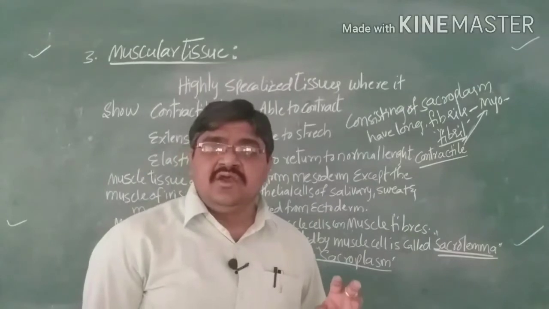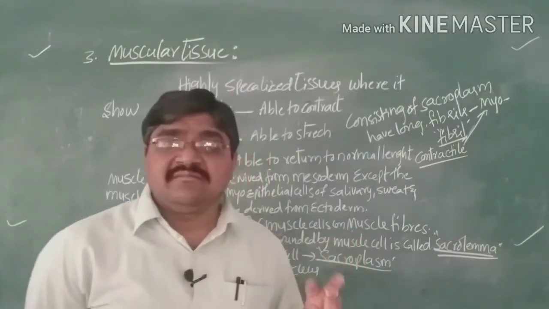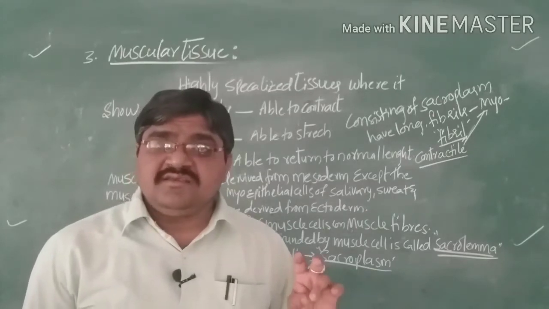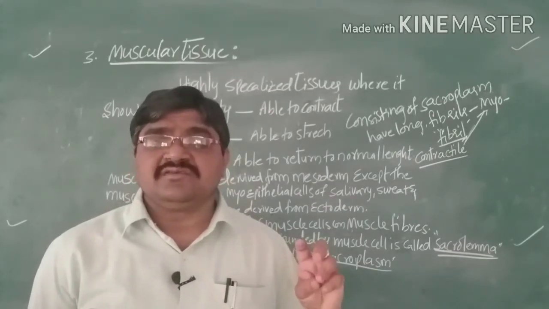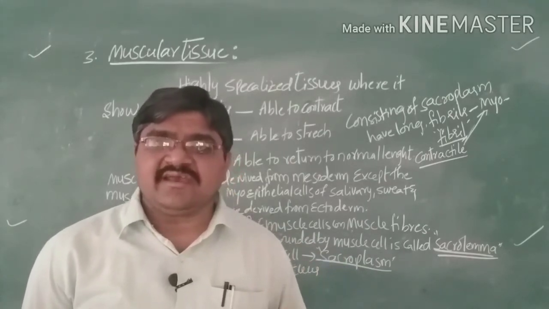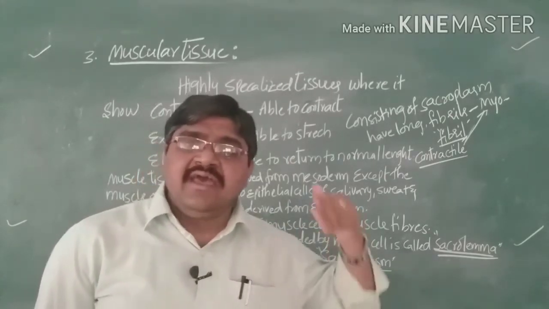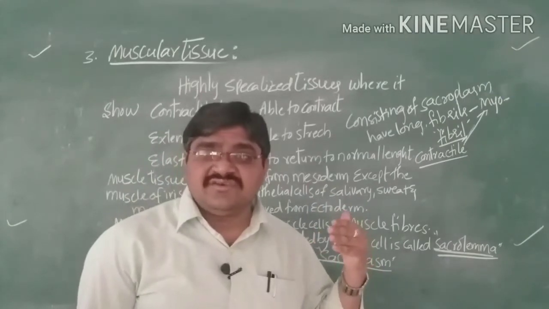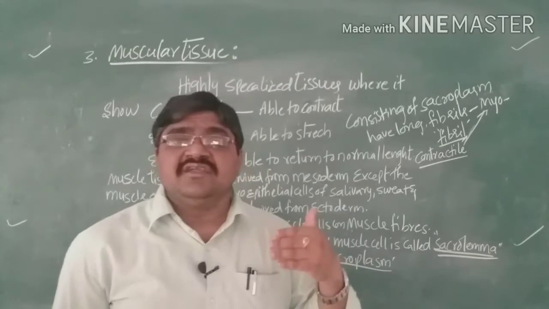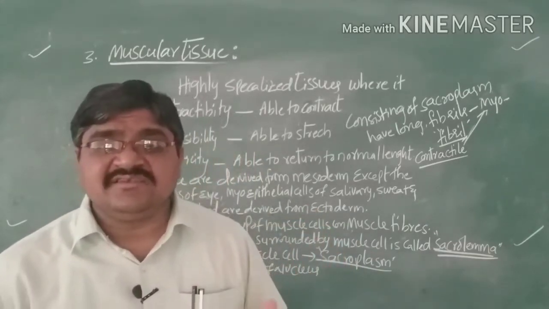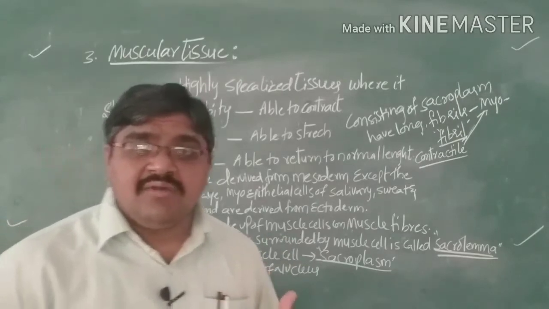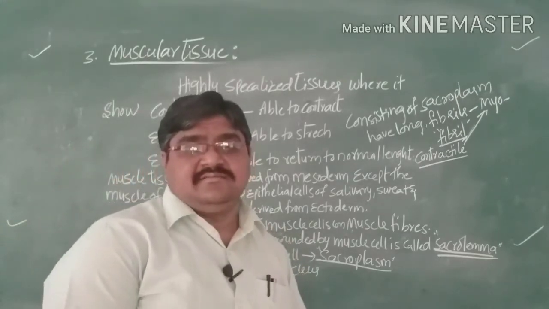And the third is cardiac muscles, striped with involuntary muscles. These are classified into three types based on location, shape and size, and nervous nature. Now one by one will be discussed.